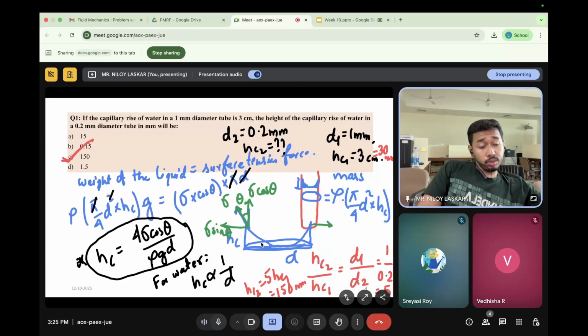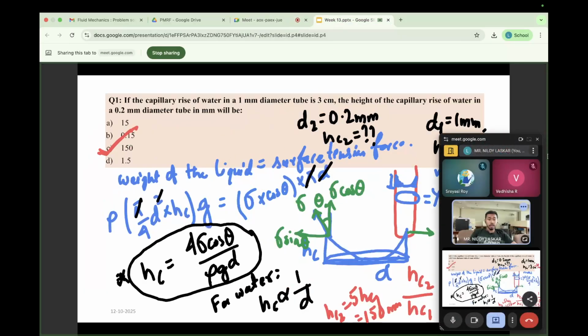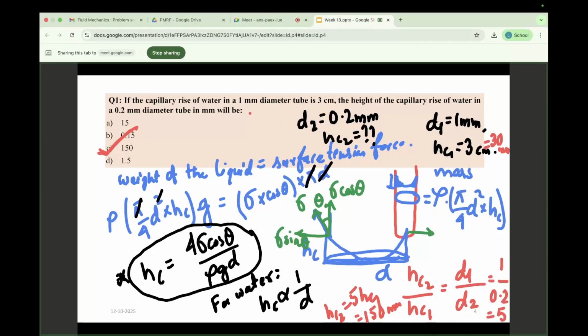So what should be the changes that can be asked in the question in the exam? A question can be asked for two fluids in the same diameter tube, say the capillary rise of water in a 1 mm diameter tube is this much.